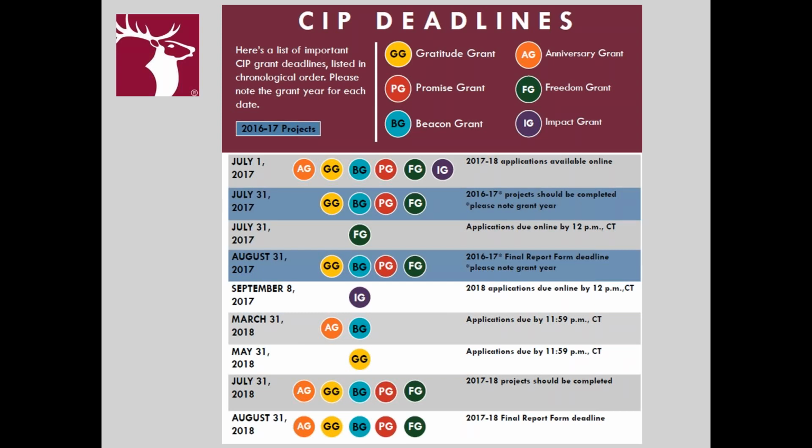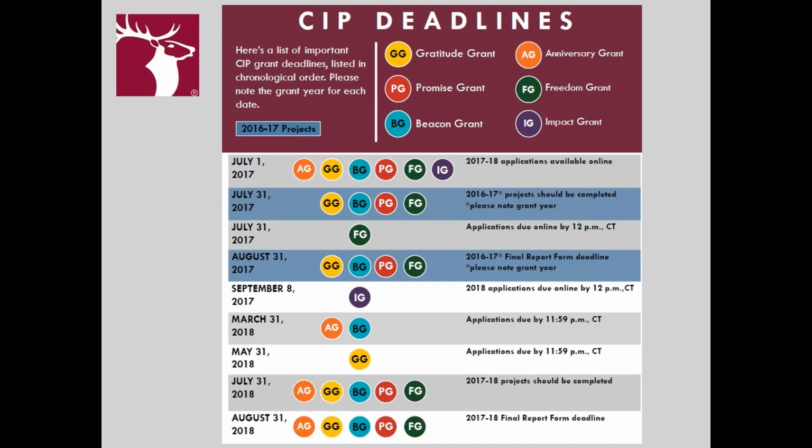March 31st, 2018 is when the anniversary grant and Beacon grants close for the 2017-18 year. And then May 31st, the gratitude grants close. Please note the difference in those dates. Anniversary grant and beacon grants close on March 31st, and the gratitude grant closes on May 31st.